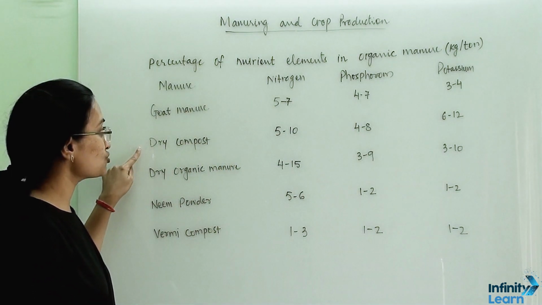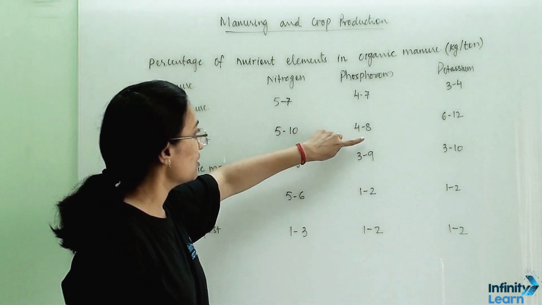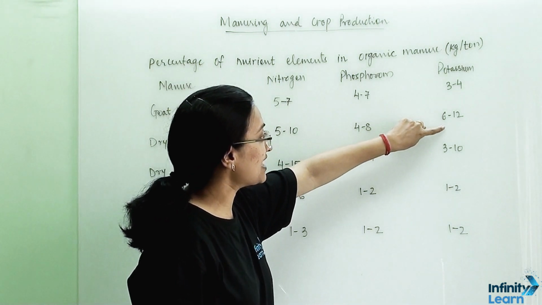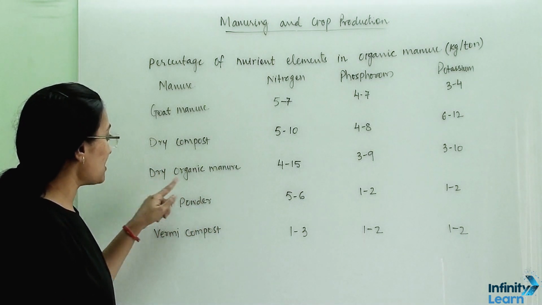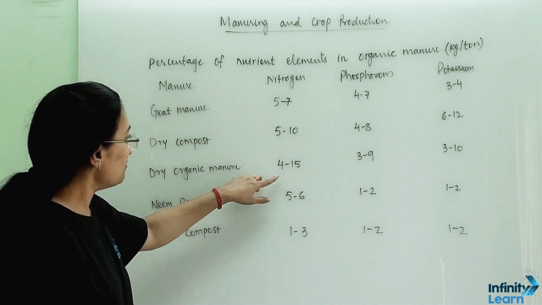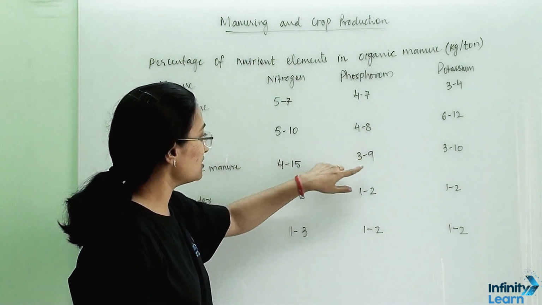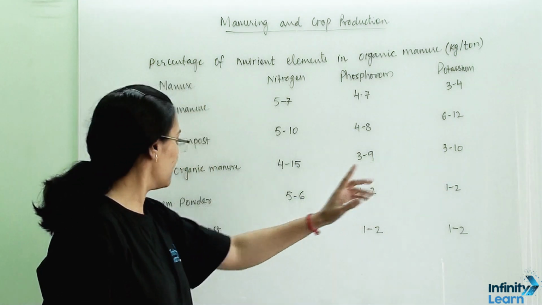With dry compost, we get nitrogen 5 to 10 kg per ton, phosphorus 4 to 8 kg per ton and potassium 6 to 12 kg per ton. With dry organic manure, we get nitrogen, phosphorus and potassium of 4 to 15, 3 to 9 and 3 to 10 kg per ton respectively.